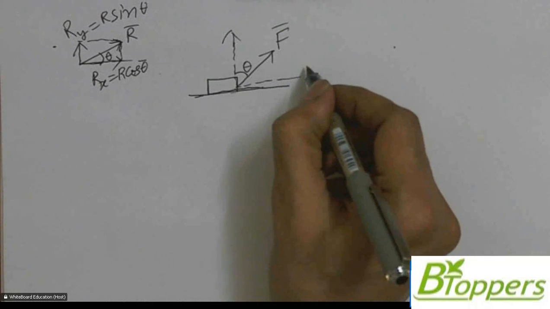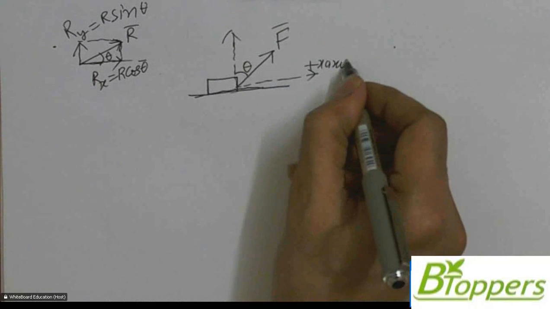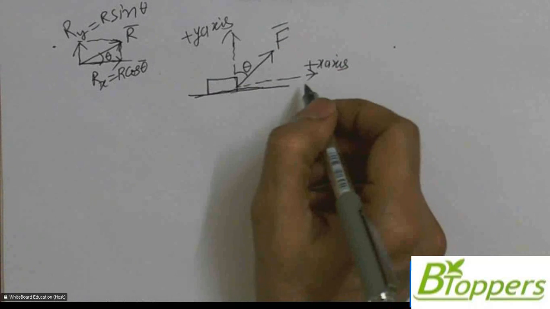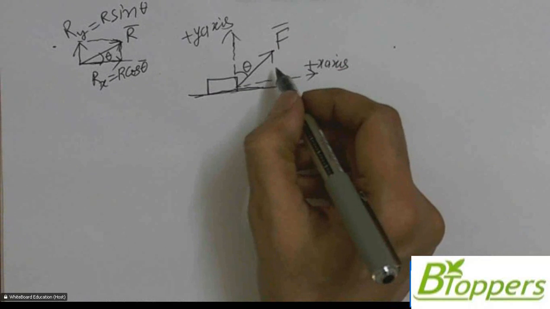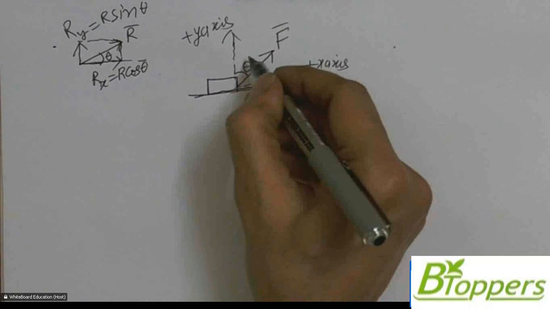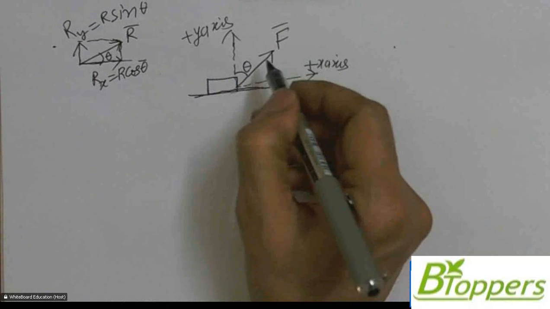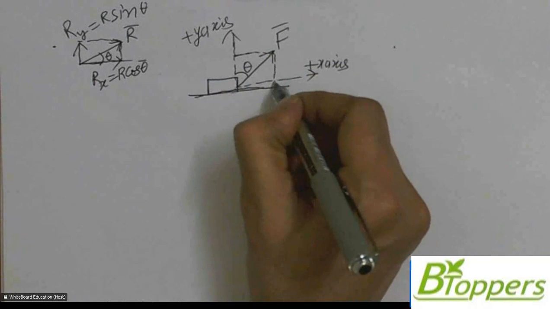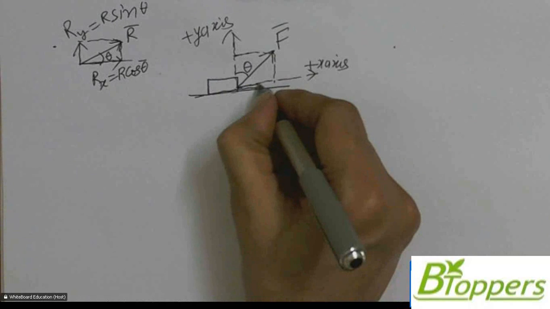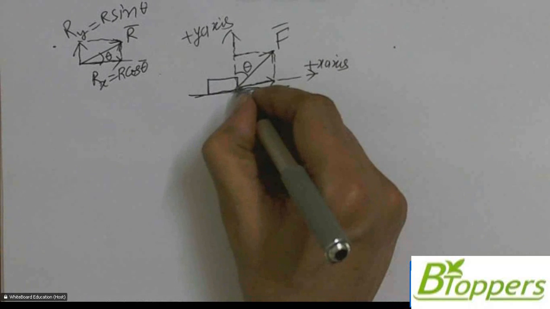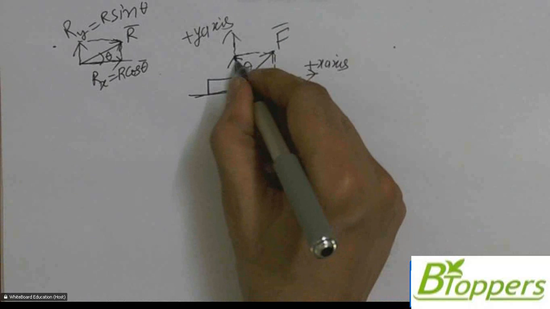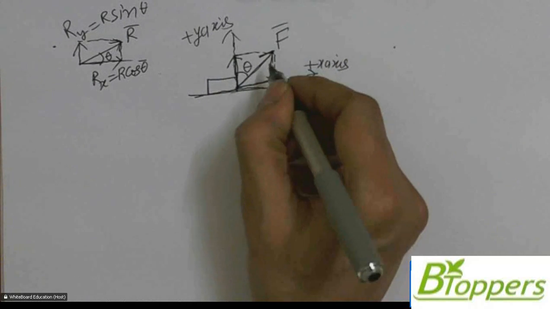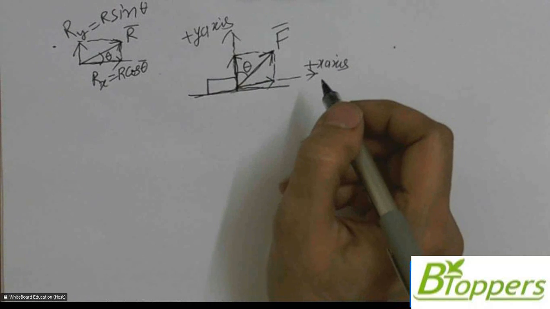Suppose we choose the horizontal direction as x-axis and vertical direction as y-axis, then to resolve this force into two rectangular components parallel to x and y axis, we have to construct a rectangle with adjacent sides along x and y axis such that the force F bar acts along the diagonal of the rectangle.